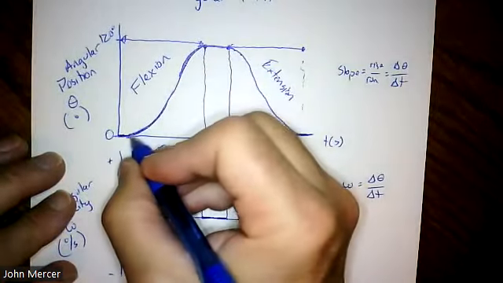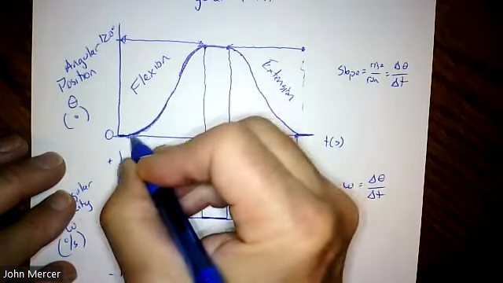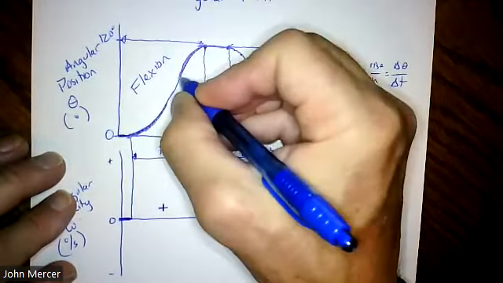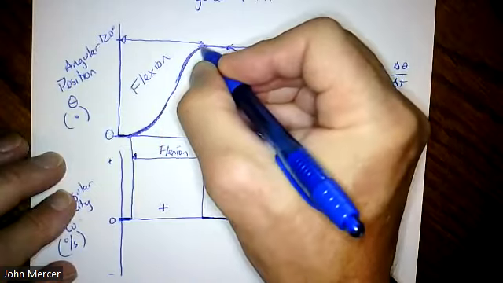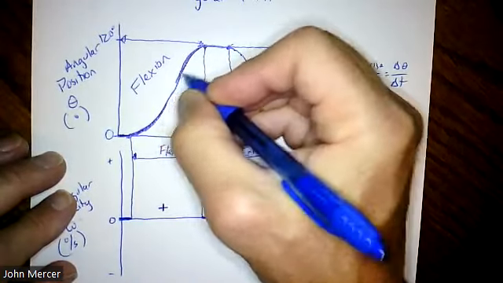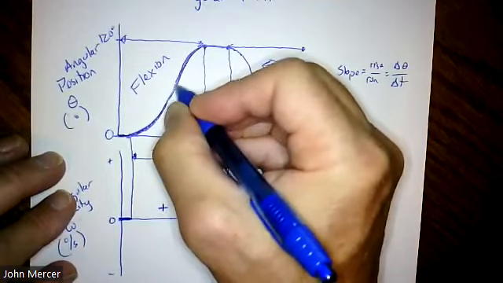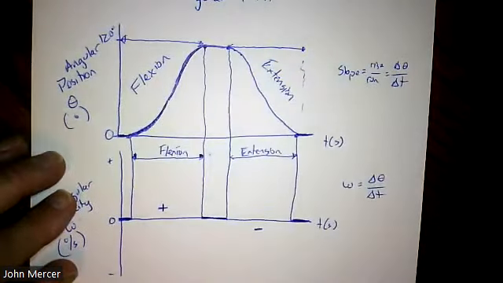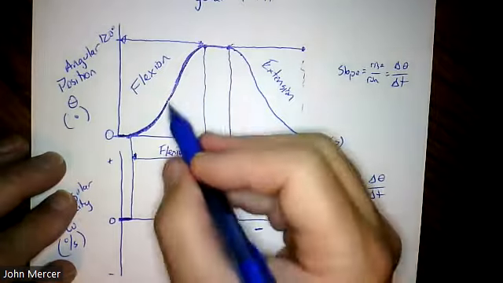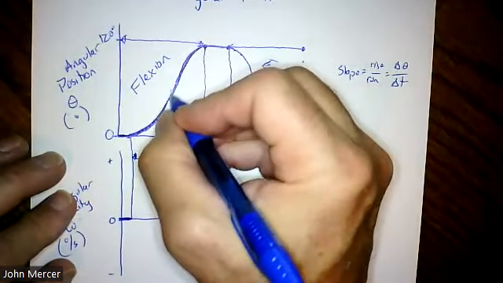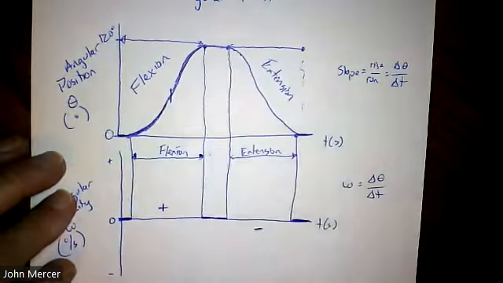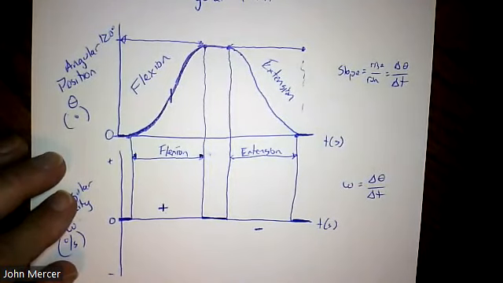And when we see this change in curvature of this line, we call that an inflection point. And that inflection point indicates the steepest portion of the slope here. Well, the steepest portion of the slope, I'm going to put a dash mark right there, is going to end up being the greatest magnitude of velocity.